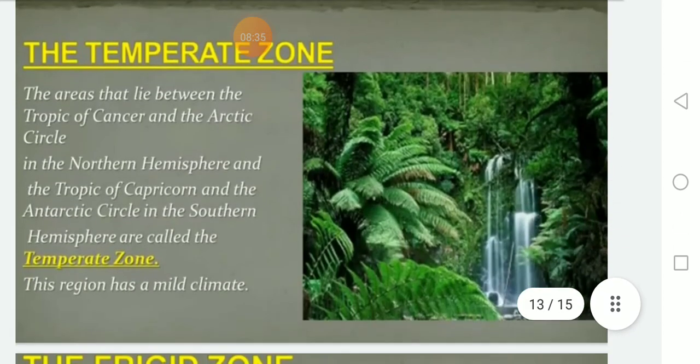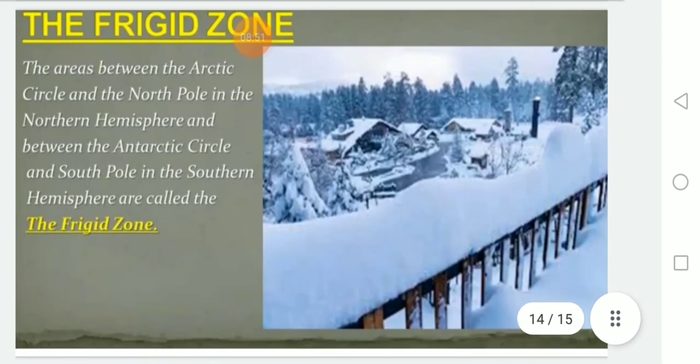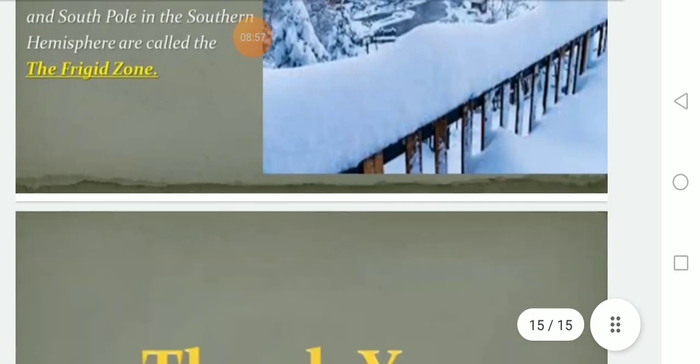Then the temperate zone, which has a mild climate, neither too hot nor too cold. And then the frigid zone, which is extremely cold, at the North Pole and the South Pole.